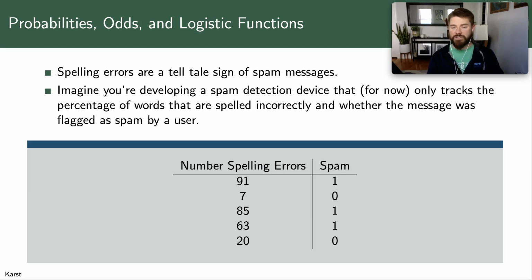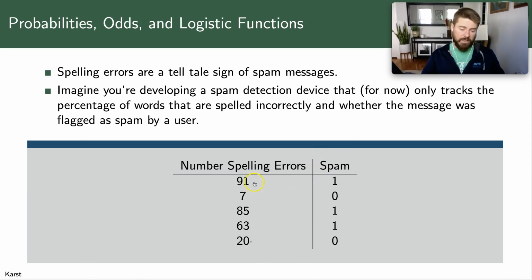It's a really interesting little psychology and data science thing, why these spammers and scammers do this. But it is a well-known tactic, and we can talk more about it offline. It's a little too long of a diversion for a video like this, but suffice to say that looking at how the number of spelling errors in a message is related to whether the message is spam or not is an interesting and timely one.